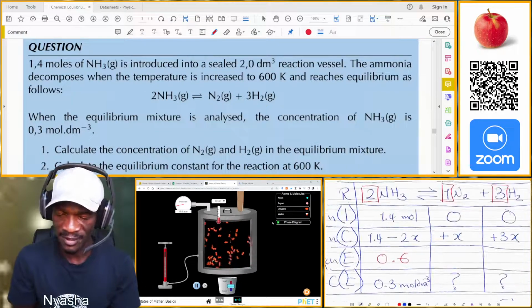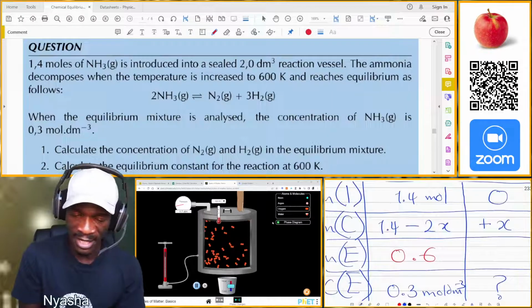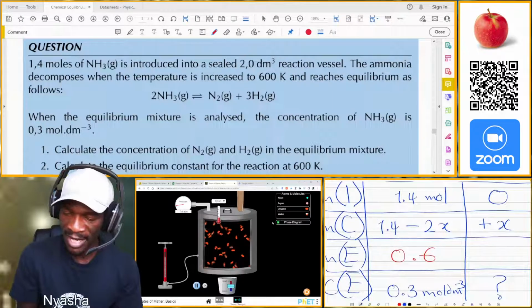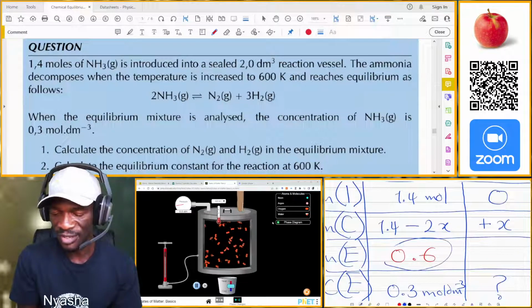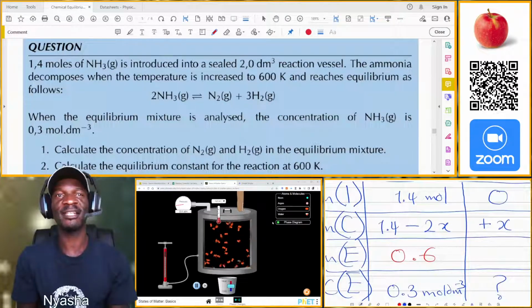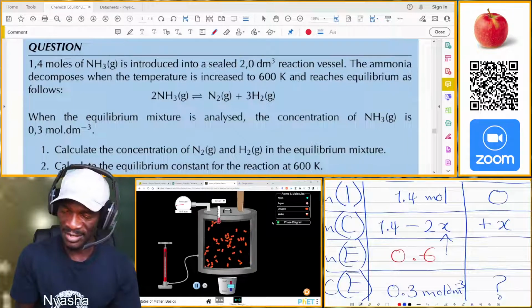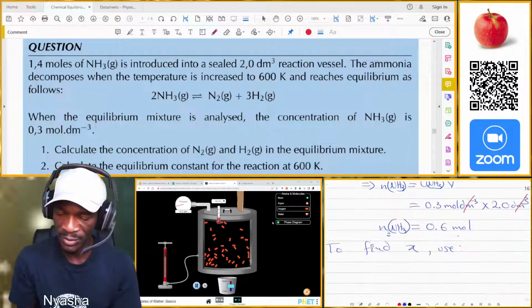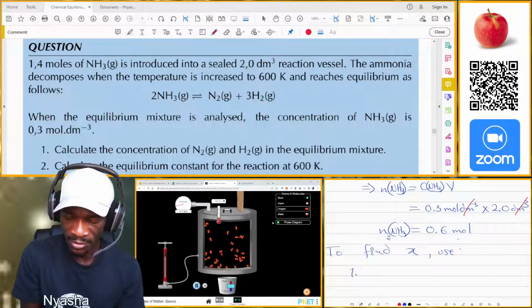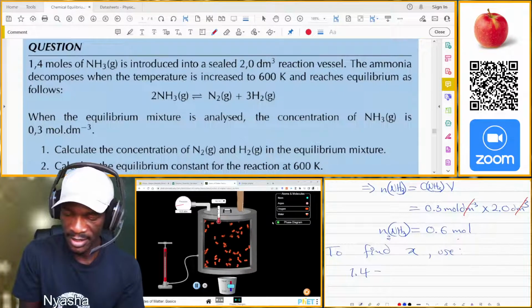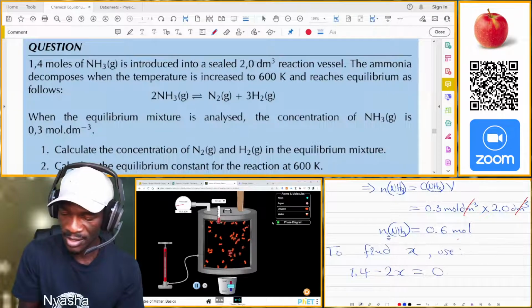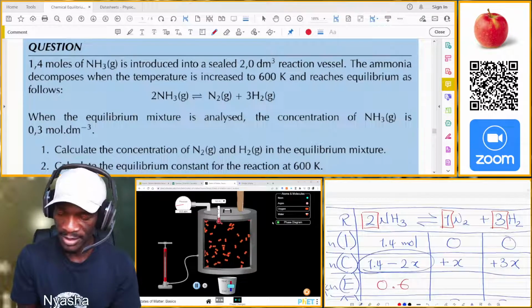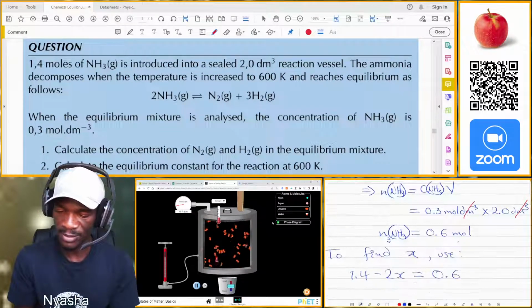If the number of moles is given by this, 1.4 moles minus 2 times X is equal to 0.6, then we can find the change in number of moles. So let's build that equation. 1.4 minus 2x is equal to 0.6 moles.